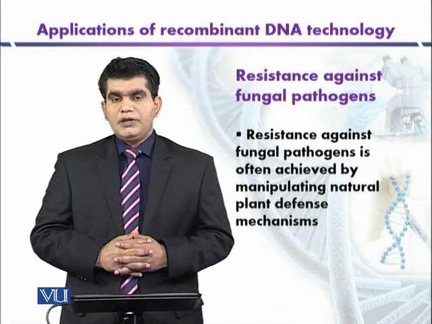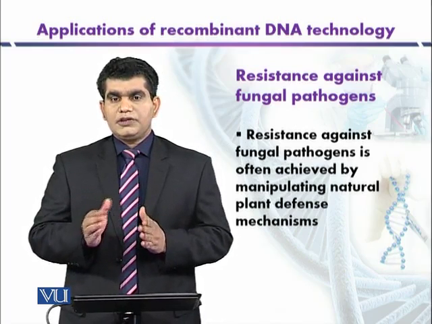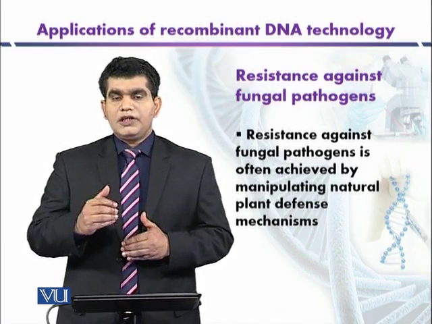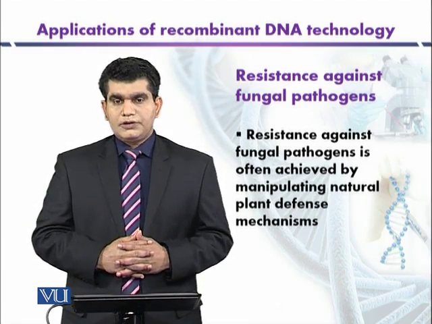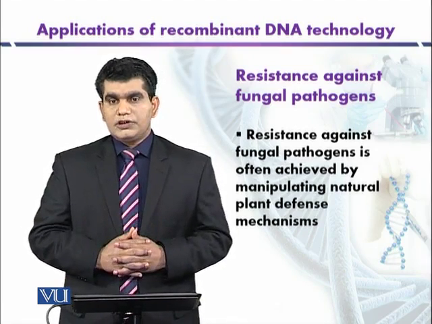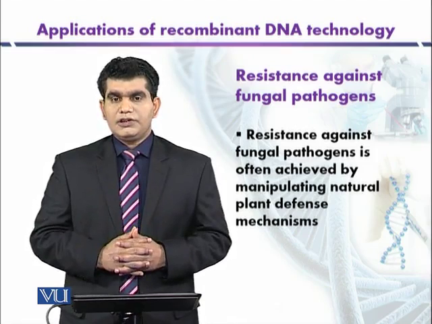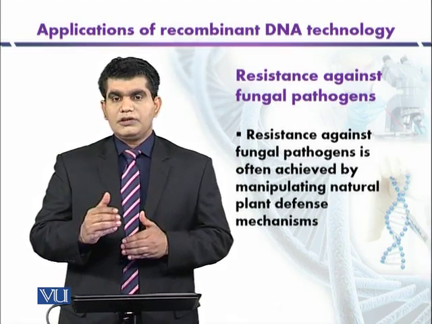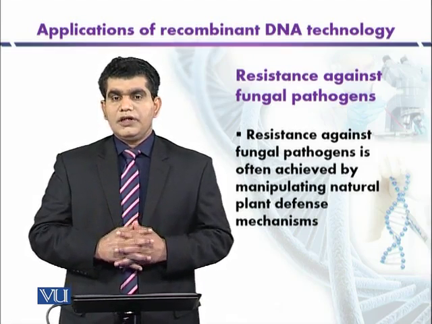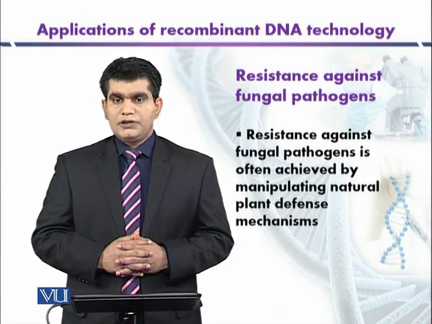In addition to that, there may be different types of pathogenesis related proteins that can be expressed by the plants. As I have quoted the example of chitinases, glucanases are another category that can be exploited.